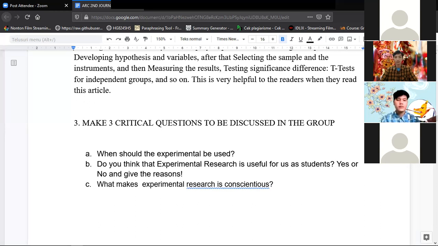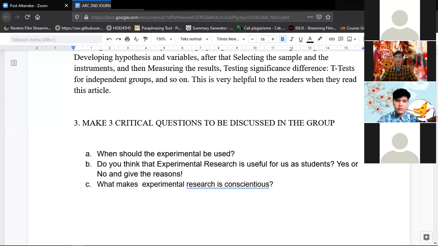For example, there is a hypothesis that teacher-centered learning is not forcing the students' learner autonomy, but we want to reject it.